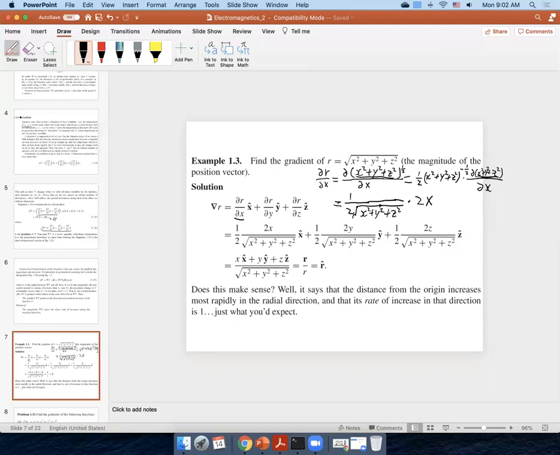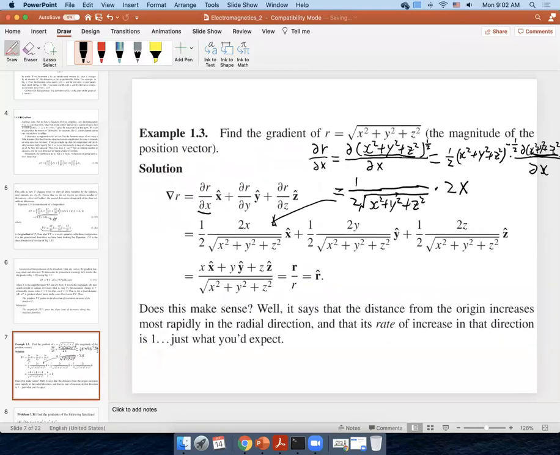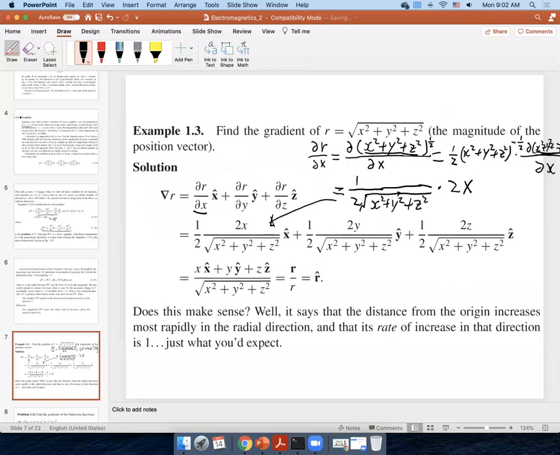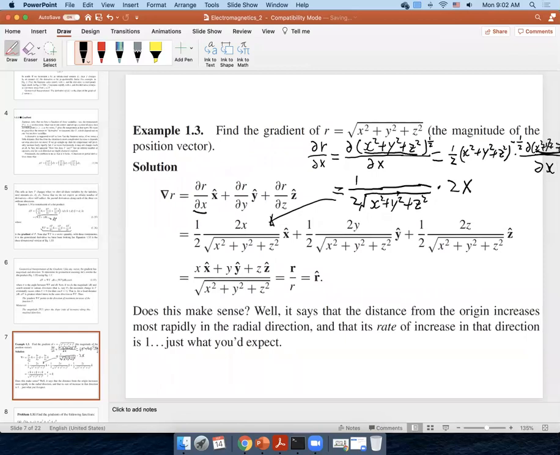And then from here, you understand why you get this term in the x direction. Similarly, you can get similar terms in the y and z directions, and then finally you can get the gradient in this way.